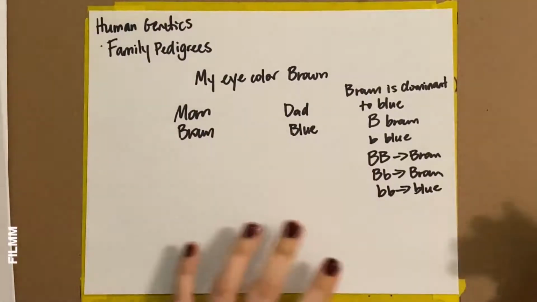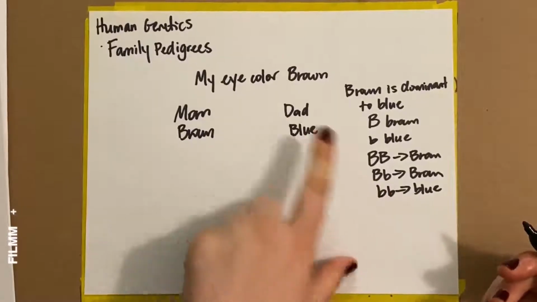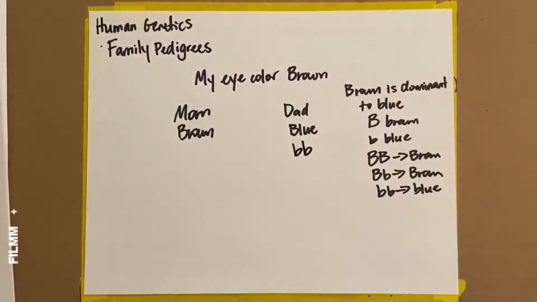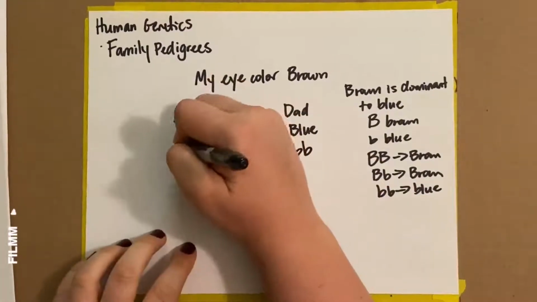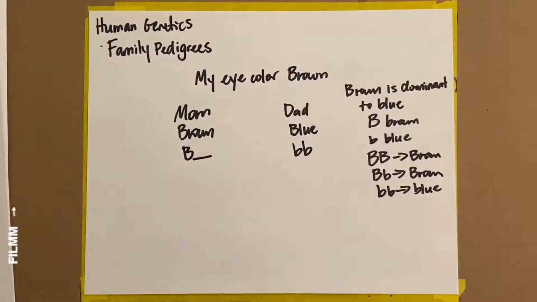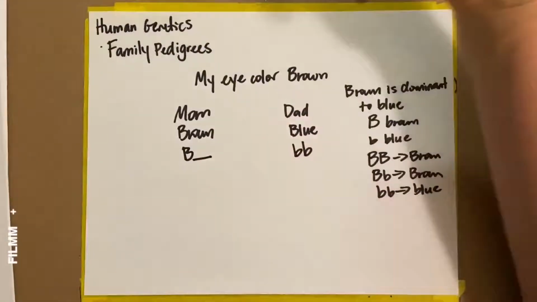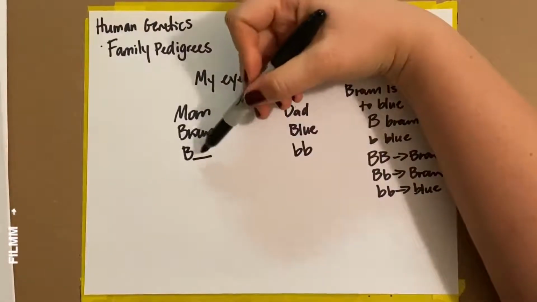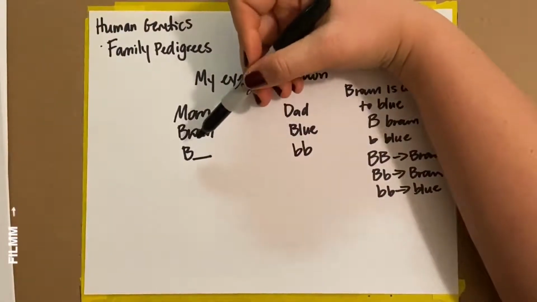What we know for sure is that my dad has blue eyes, so he has to be little b, little b. My mom, I don't actually know what her genotype is. I know that she has a big B because she has brown eyes, but I have no idea what the second letter is.